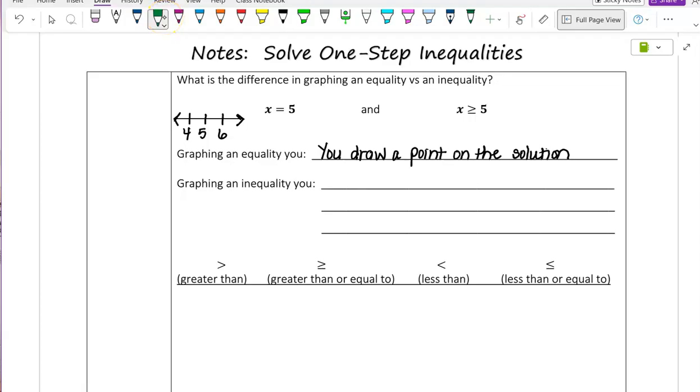So in this case, if x equals 5, I go to 5 on the number line and I just draw in that point. That would be the graph for x equals 5.